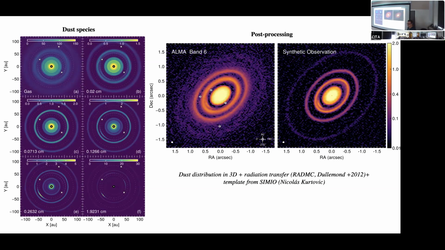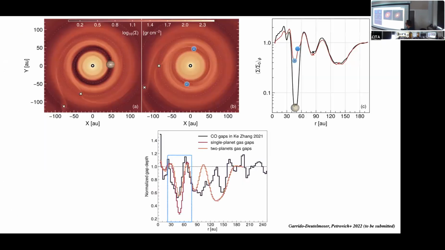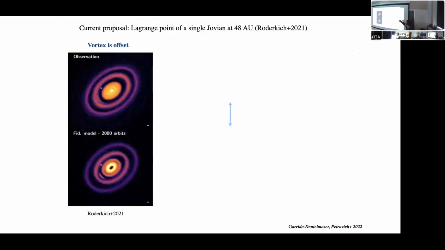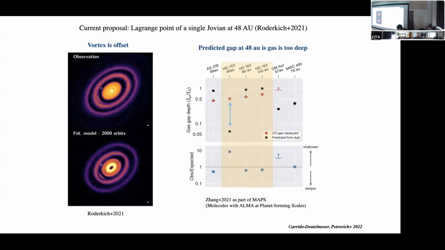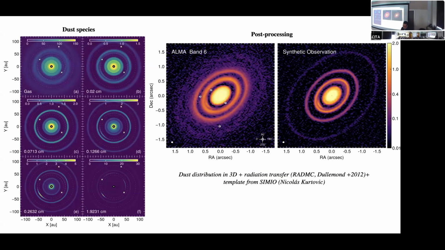So we just relied on previous works, like the work by Rodgers-Lee and some others. But that's a very valid point. It just relies on the presence of these other gaps and the fact that there are velocity perturbations that indicate the presence of the planet.